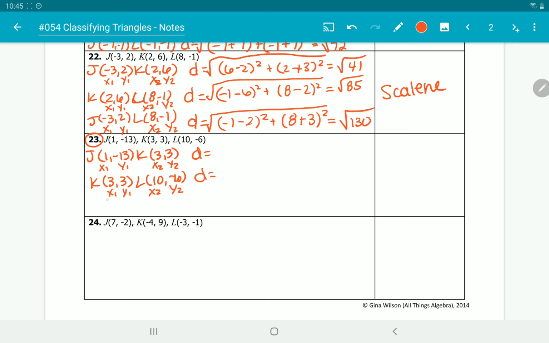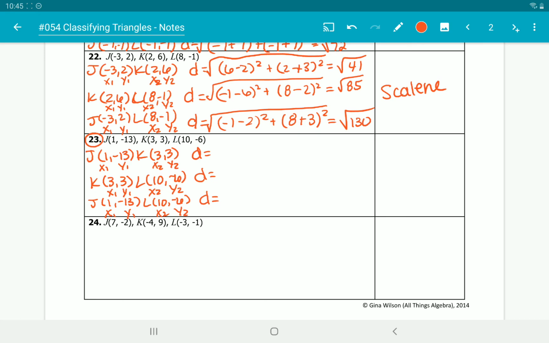Determine the distance for that one. And then J and L, 1, negative 13, 10, negative 6. Okay, x1, y1, x2, y2. And you can determine the distance for that one. Okay, so pause the video right now and go ahead and try to figure out what your answers are whenever you do this on your own.